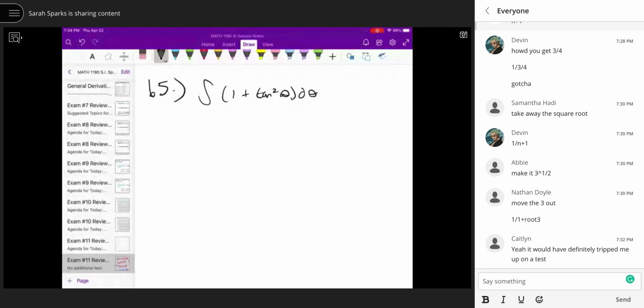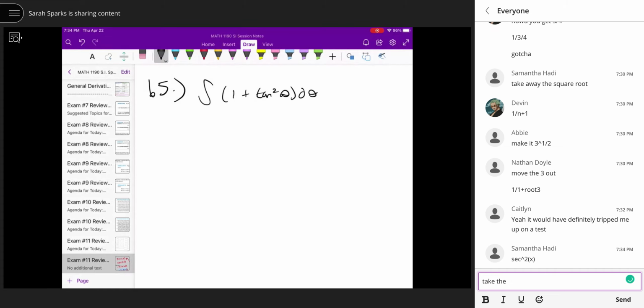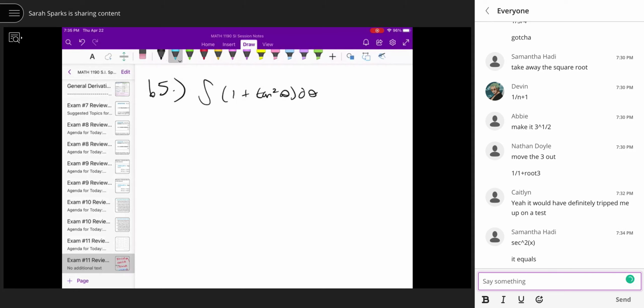If you notice, tangent squared theta isn't one of our memorized derivative rules, right? But you do know something that will help us. Remember those Pythagorean identities we talked about in the trig review at the beginning of the semester? 1 plus tangent squared theta is equal to secant squared theta.